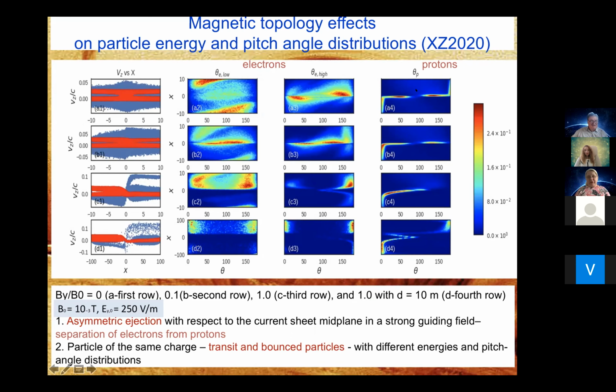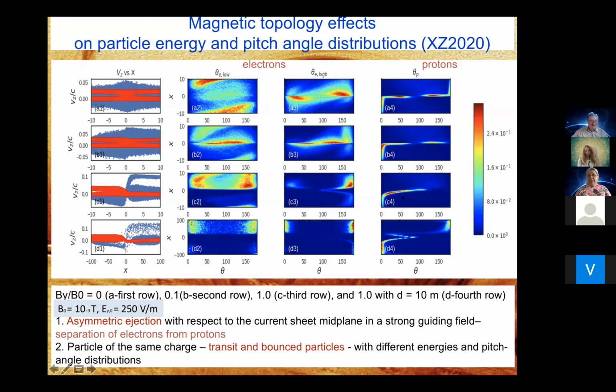The protons don't have this notion of pitch angle distribution. Because they are pretty heavy particles, they follow the diagonal ejection from the current sheet. From negative, they are ejected to the left bottom side, and to the positive, to the right top side. But when you start increasing the guiding field, the protons become ejected along the path assigned by the given magnetic field topology.